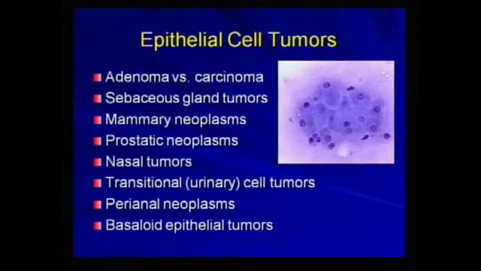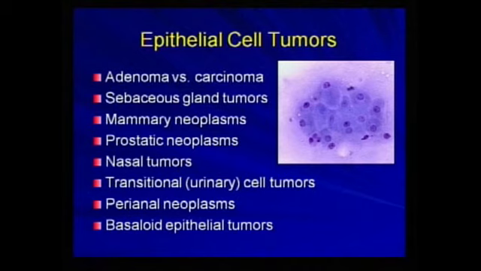And then a couple of the epithelial cell tumors that you should be able to diagnose would be sebaceous gland tumors and perianal neoplasms, basaloid epithelial cell tumors, transitional cell carcinomas of the bladder, and some that are very difficult.